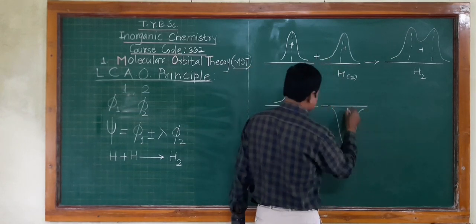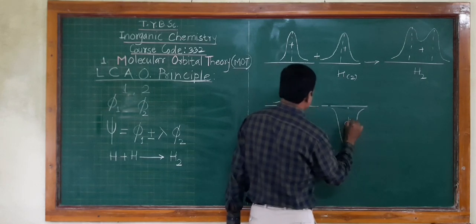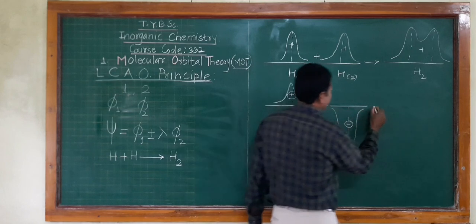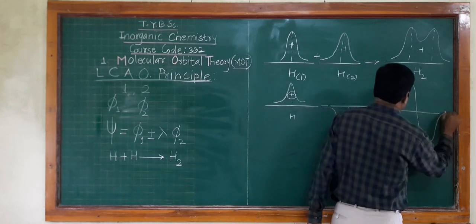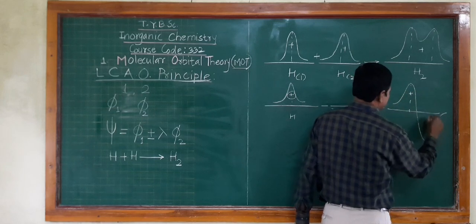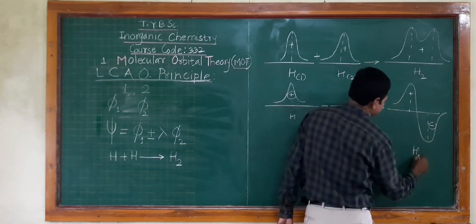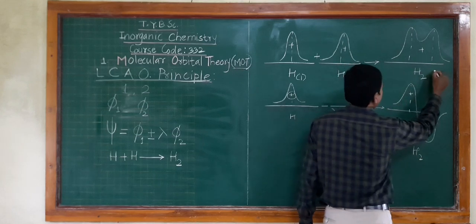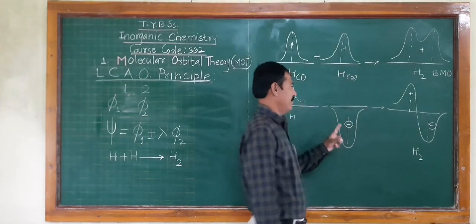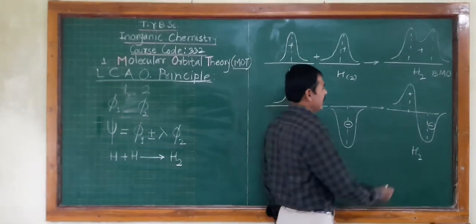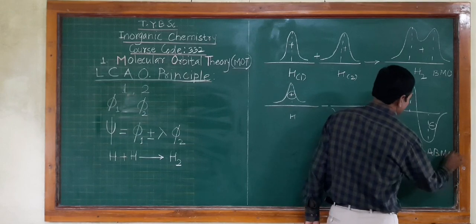Addition gives a wave function that is positive, and subtraction gives one with positive and negative parts. This is called a bonding molecular orbital, and it forms by the addition of the wave functions, while the subtraction of the wave functions gives rise to the anti-bonding molecular orbital.